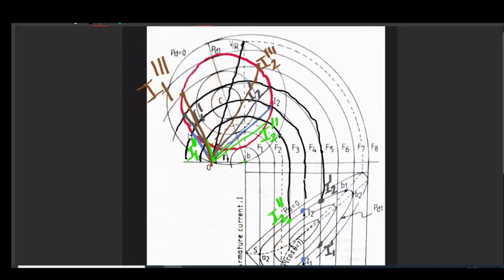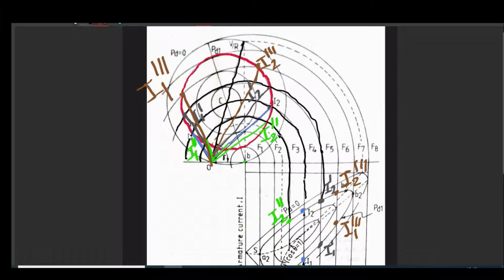So what would be I1 triple dash and I2 triple dash? This is I2 triple dash. This is your I1 triple dash.